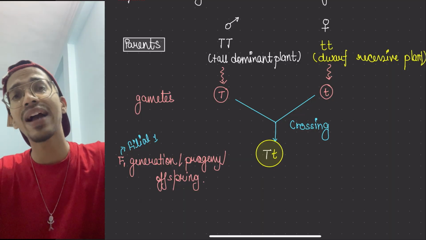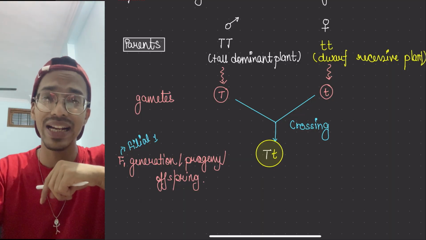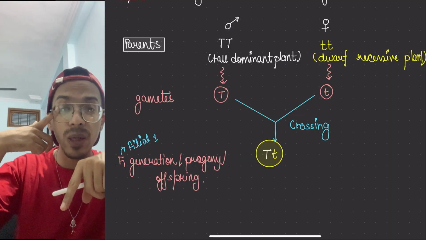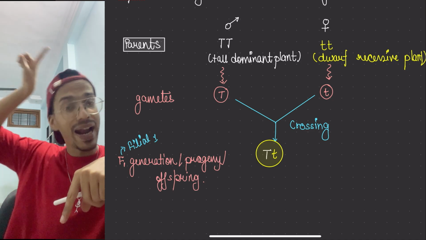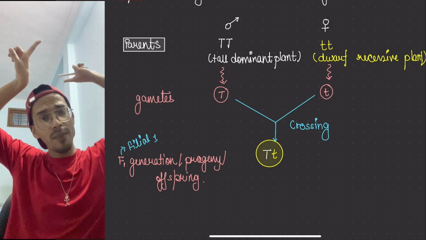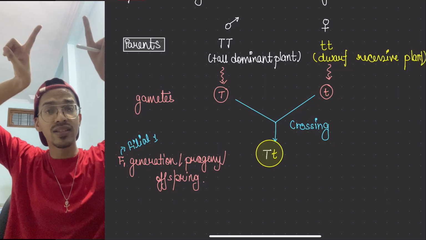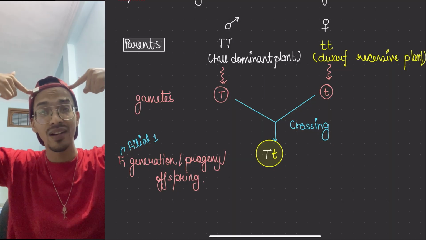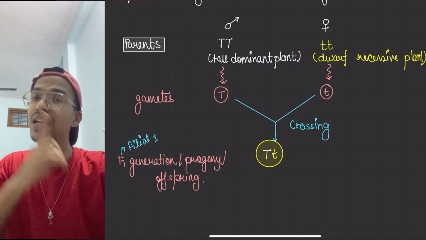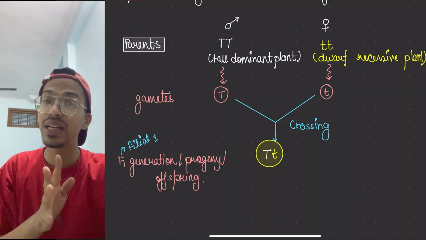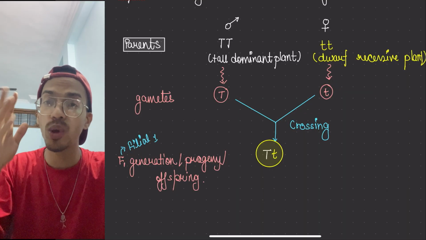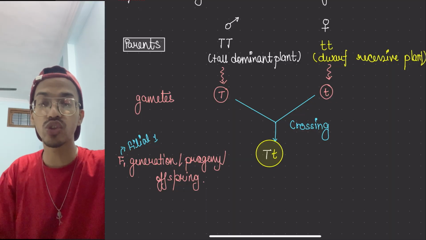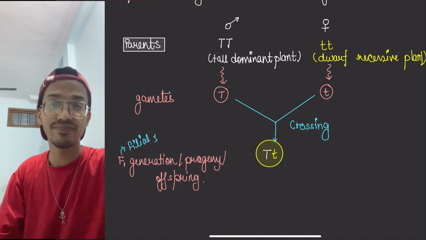Coming back to the first example that I was giving: I have brown eyes, my dad has brown eyes, but my mom has blue eyes. But brown is coming in me, meaning brown eye color is the dominant one. Although in my body both alleles are present, blue and brown.